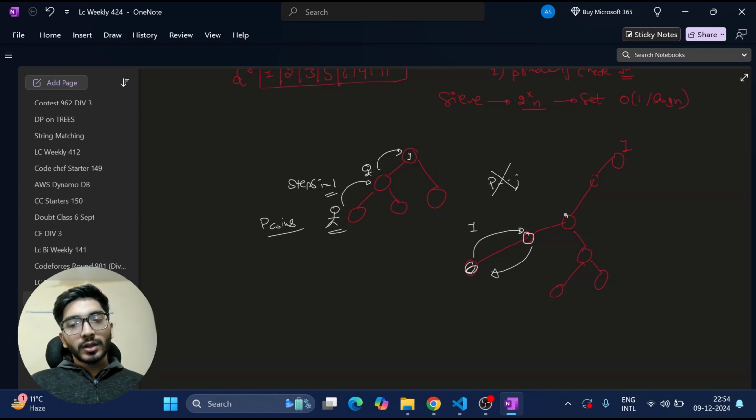Let's suppose we are at this point and we are going to take step 2, or any even step: 2, 4, 6. In that case, if we have a coin, we will go towards vertex 1. If we don't have a coin, there might be a possibility that we can go to this part or to this part as well.